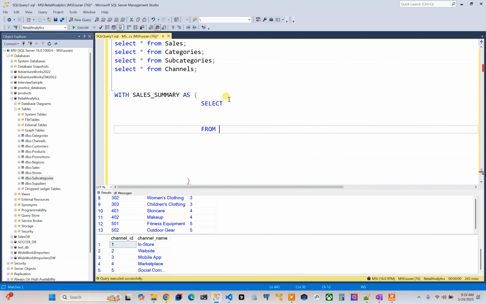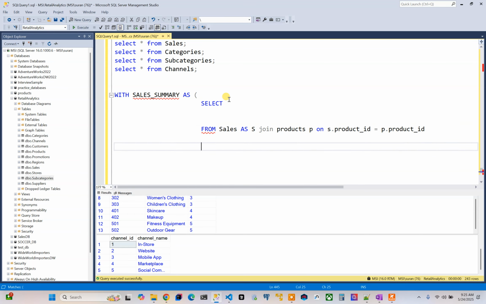Select from sales, I will give alias s, join product p on s dot product id. Both have the common id, product id, so p dot product id. Then join, what is the next one?